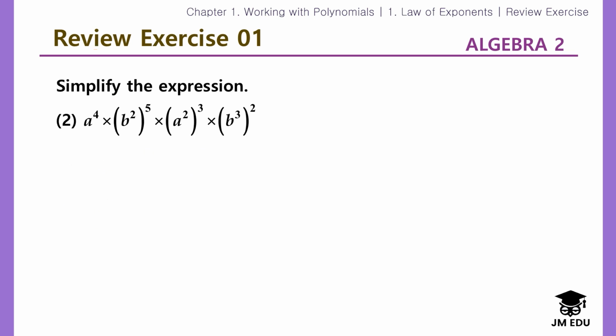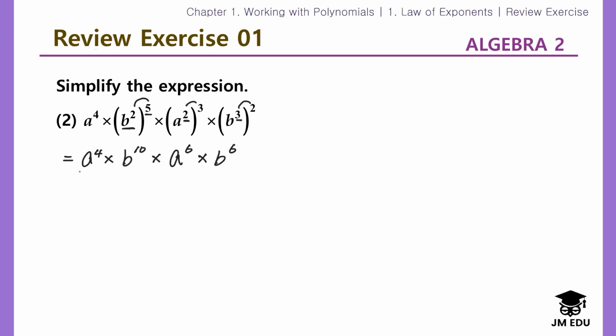Number 2 is equal to a to the 4 times b squared to the power of 5. So multiply these two. b to the 2 times 5, 10. Times a squared to the power of 3. Multiply them. a to the 6 times b to the 3 to the power of 2, b to the 6, right?